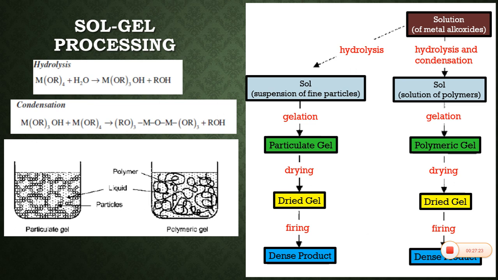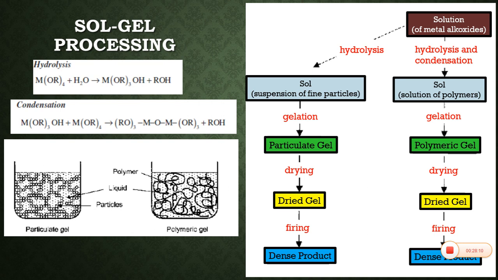In this solution, alcohol plus water is added to the molecule in a diluted form, and under continuous stirring at a temperature slightly above room temperature, normally 50 to 90 centigrade, and with suitable concentration of reactants and pH of the solution, the process of hydrolysis and condensation occurs, which leads to the formation of polymeric gels.